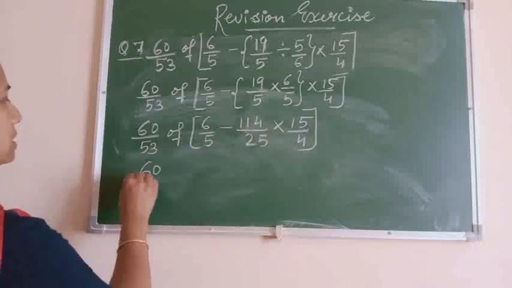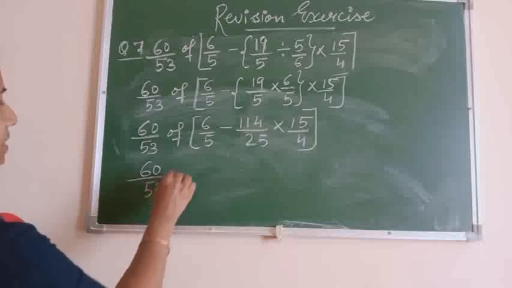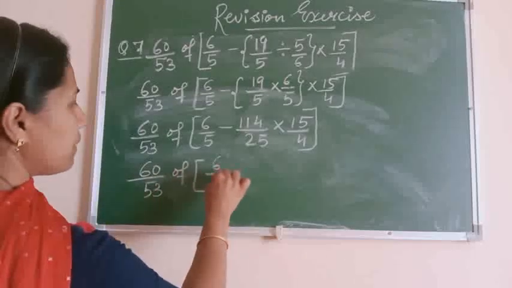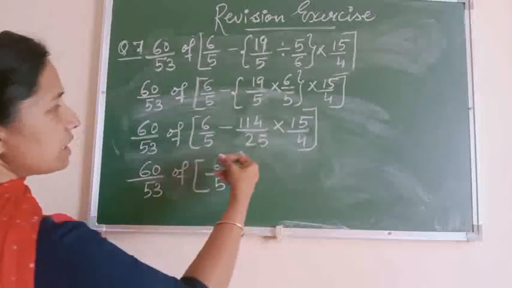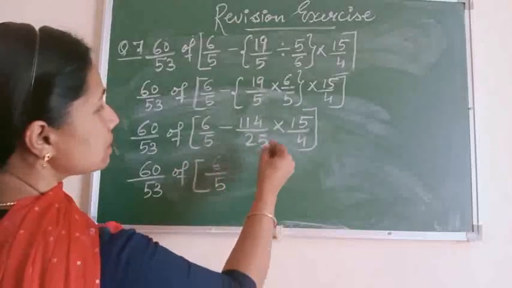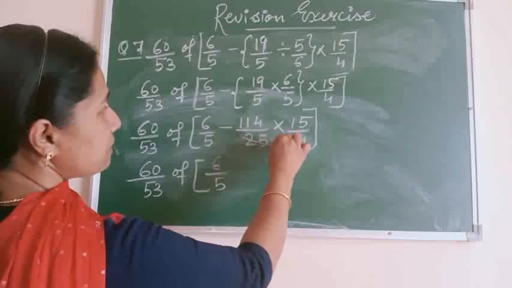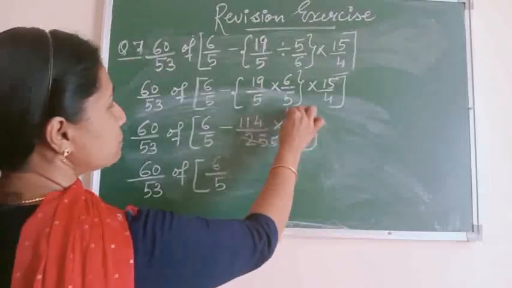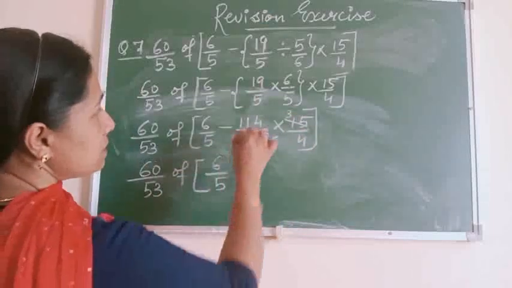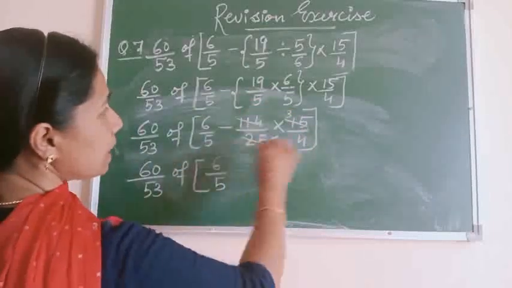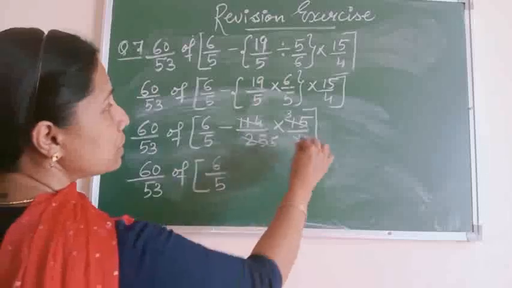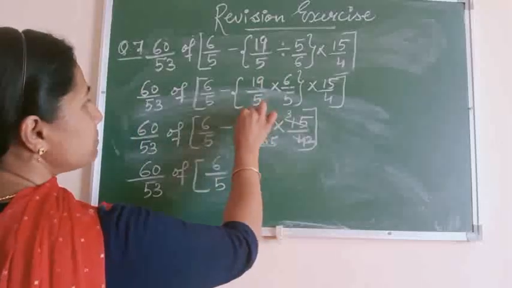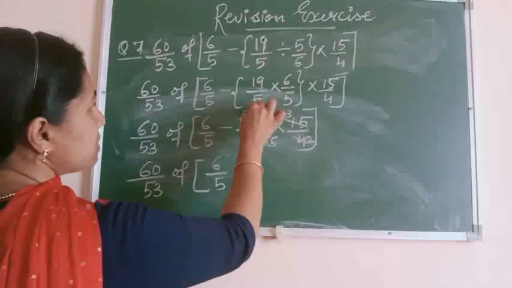So it will come like this: 60 upon 53 of, in the square bracket 6 upon 5 we write, and here we are doing the multiplication. 25 and 15 you can cancel by 5. 5 fives are 25, 5 threes are 15, and the same way 114 and 4 you can cancel by 2. 2 twos are 4 and 5 twos are 10, 57. 57 will come here.